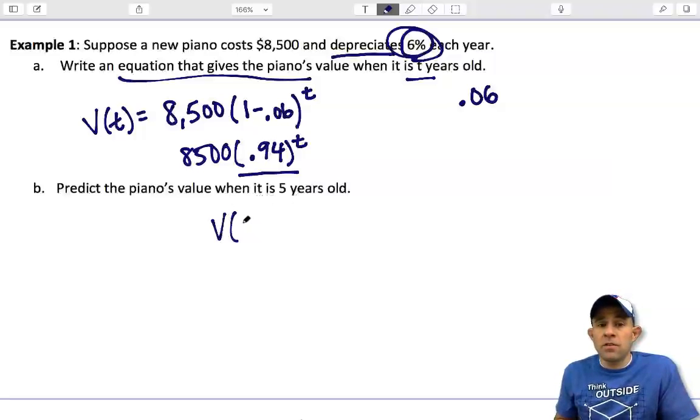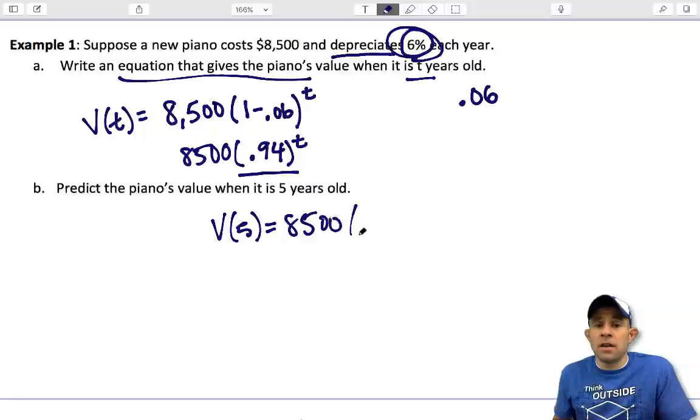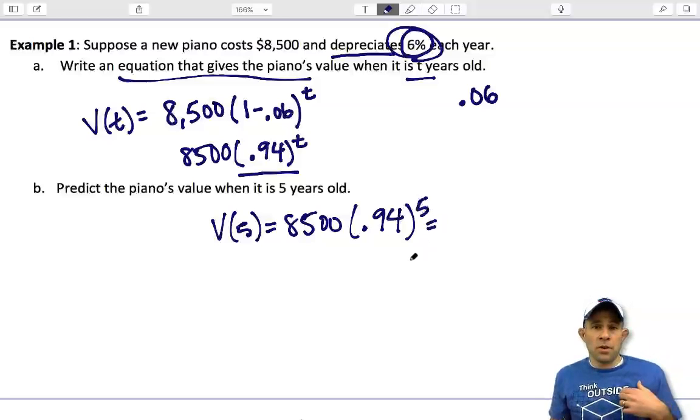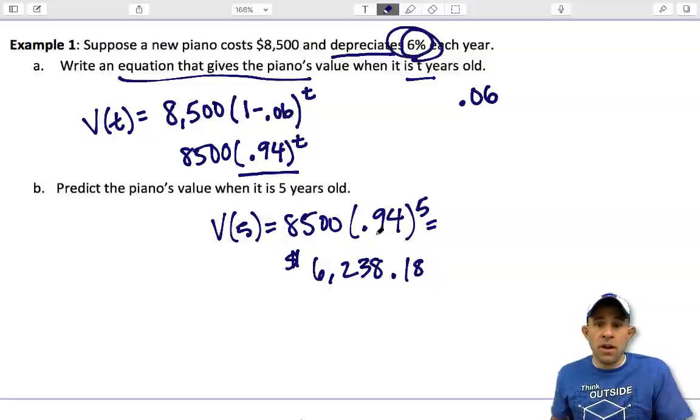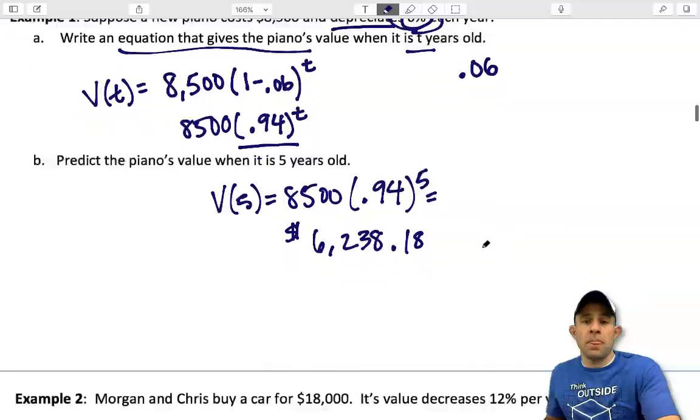So let's find the value after 5 years. The value after 5 years would be 8,500 times 0.94 to the 5th power. We plug that into our calculators. Our calculator will give us that value of $6,238.18. So you can see it's already lost quite a significant amount of value in just 5 years.